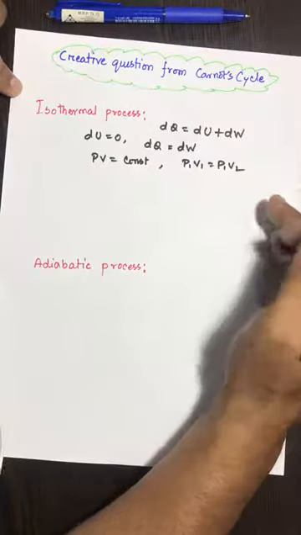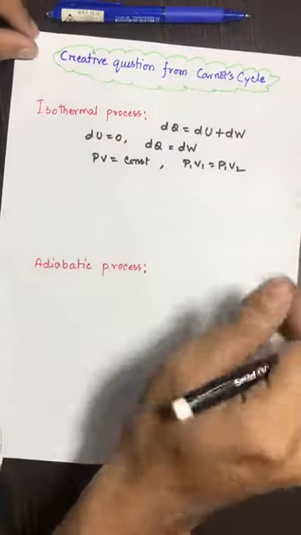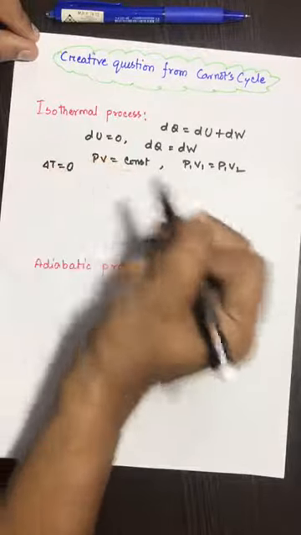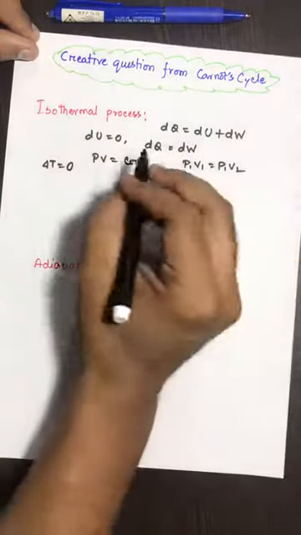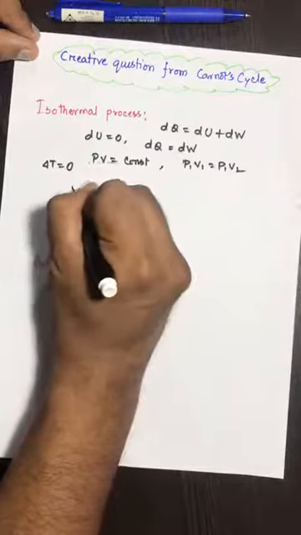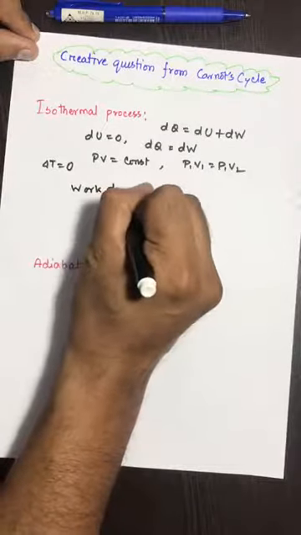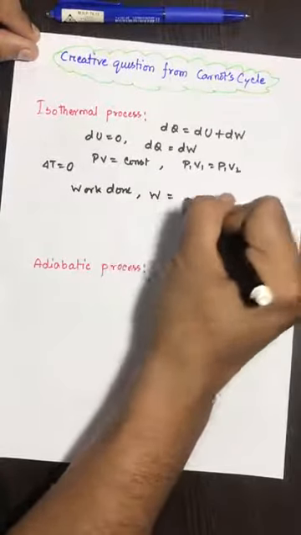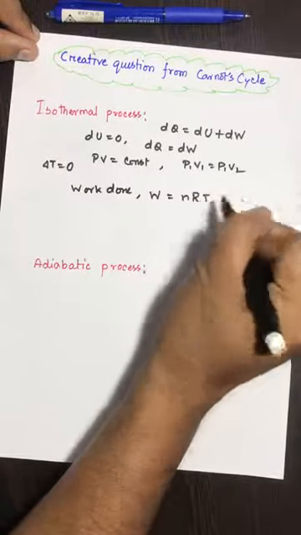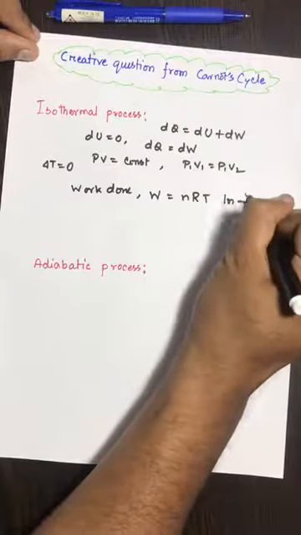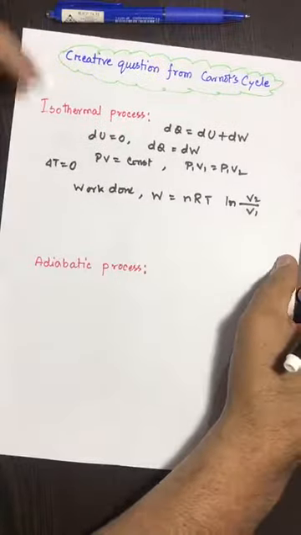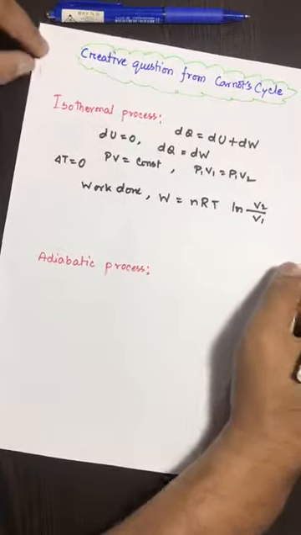In the isothermal process, there is no change in temperature, so delta T is 0. And the work done is W equals nRT ln(V2 by V1), if your volume changes between V1 and V2, because pressure and volume work only in the isothermal process.